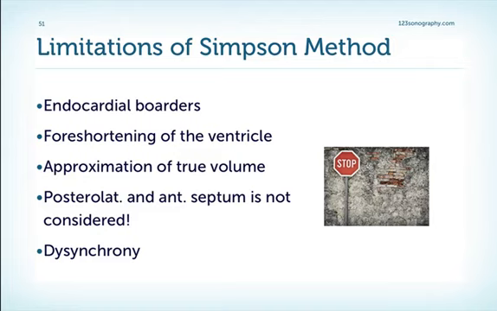It is only an approximation of true volume, especially because the posterolateral and the anterior septal region is not considered. So if we have scars there, we will not have them in our calculations of ejection fraction. And similar to the M-mode, dyssynchrony is a problem because it is difficult to time diastole and systole if the ventricle does not contract in all regions at the same time.